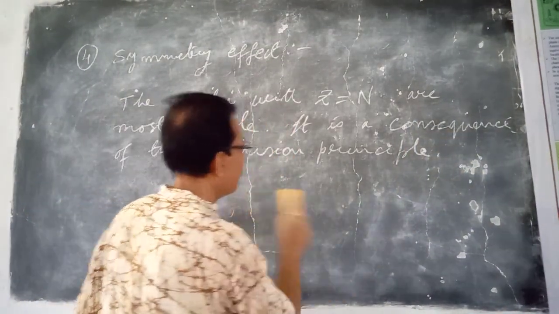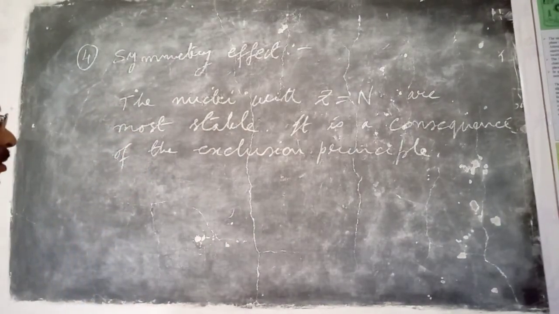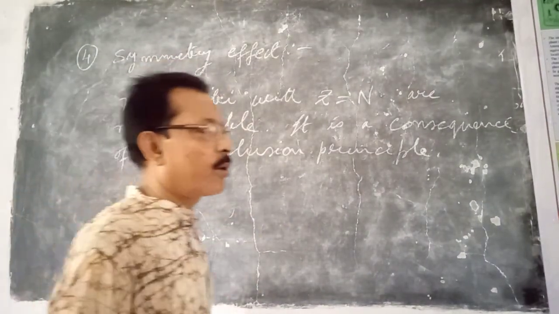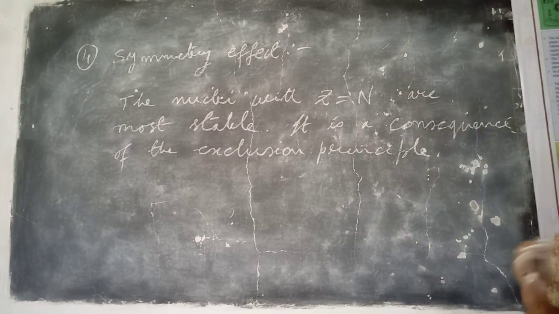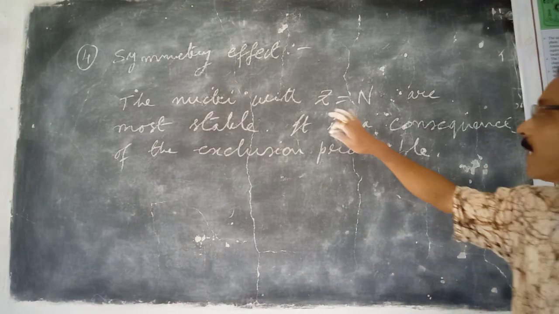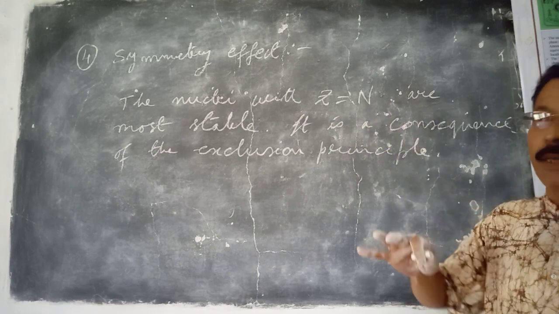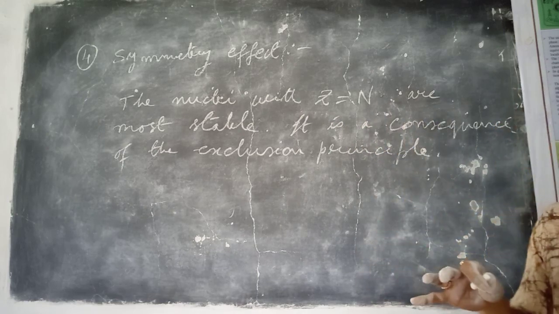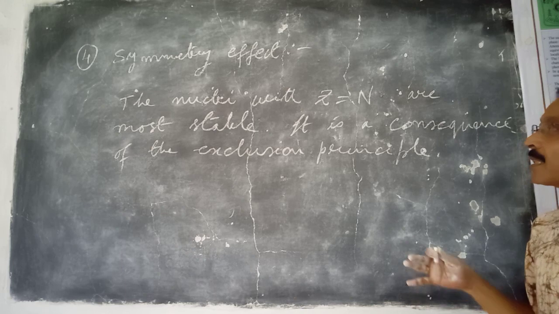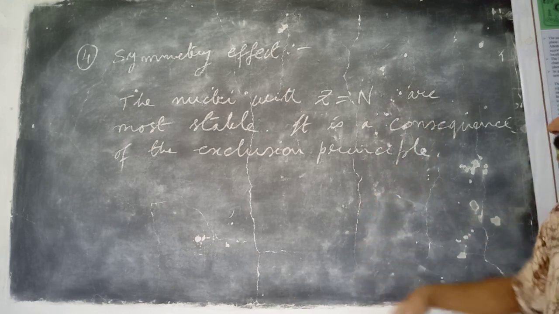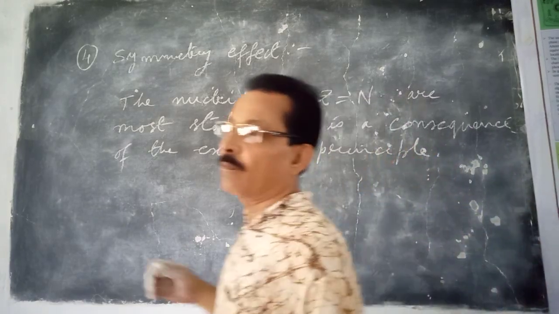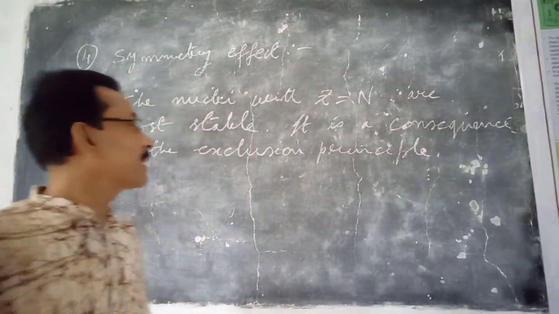Now, in the nuclear chart, you see there is a stability line for which Z is equal to N. For those nuclei for which proton and neutron numbers are the same, they are very much stable. Oxygen 16 is a very stable nucleus, Z equal to 8, N equal to 8. Calcium 40, 20, 20, very stable.